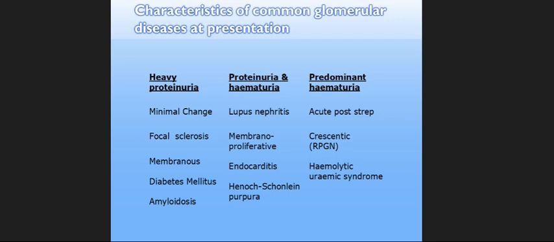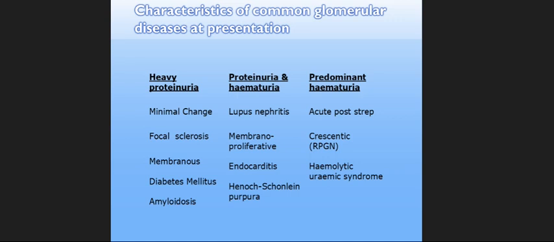Let's give you some examples. Patients with lupus nephritis. You know, in patients with SLE, the first organ to be affected is the kidney itself. And when the kidney is involved by the SLE, we are in front of the entity lupus nephritis. In lupus nephritis, we have mixed proteinuria and hematuria.